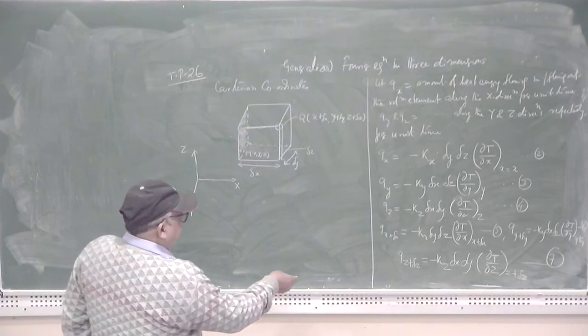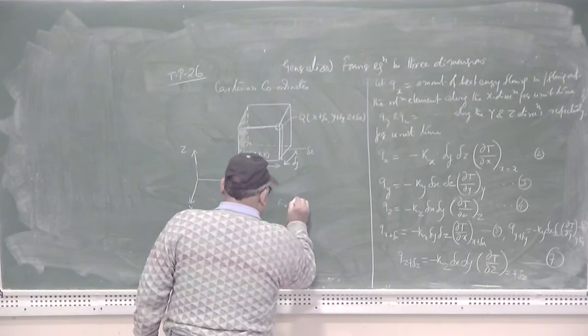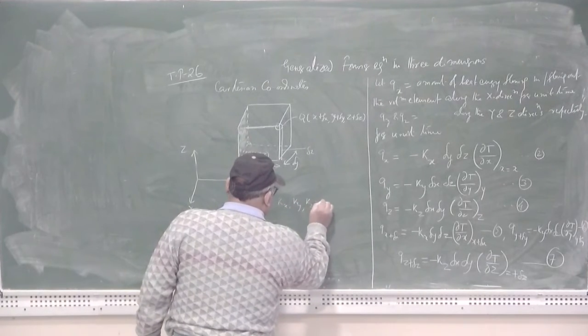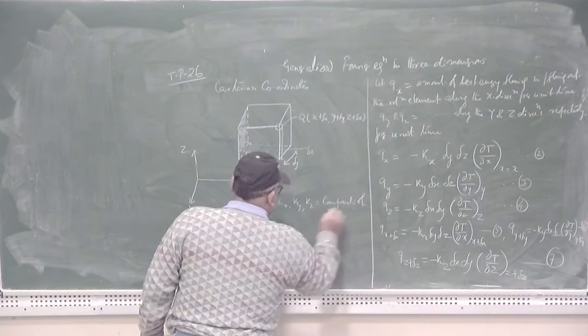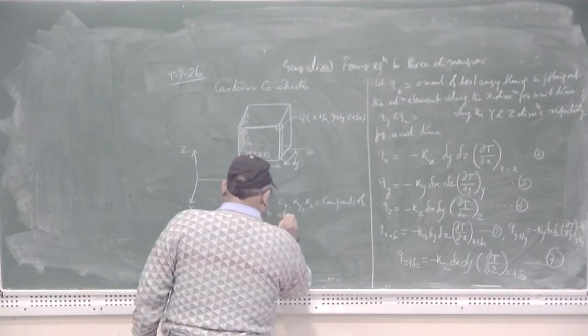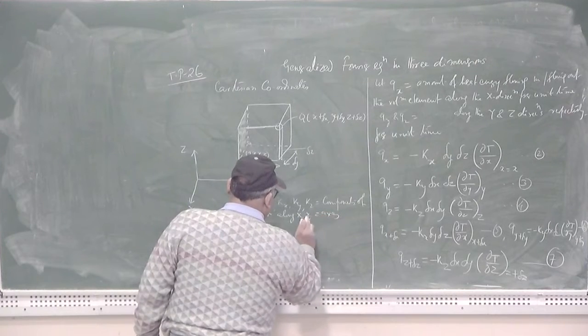Here kx, ky, kz are the components of k along the x, y, z axes.